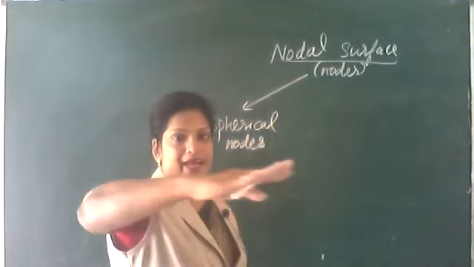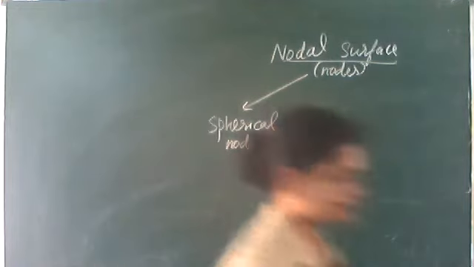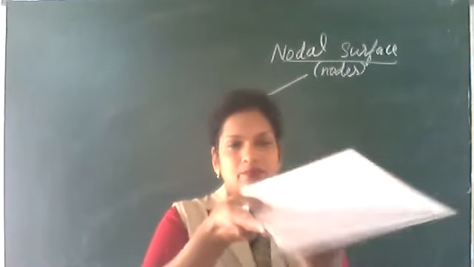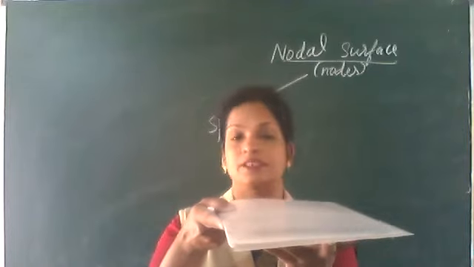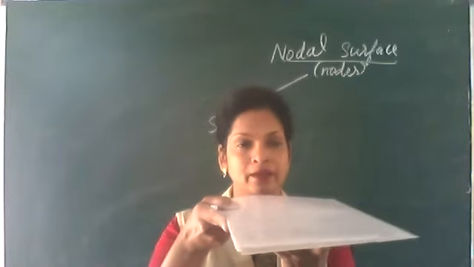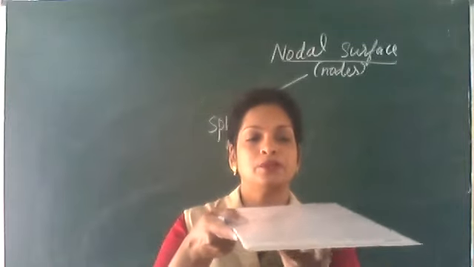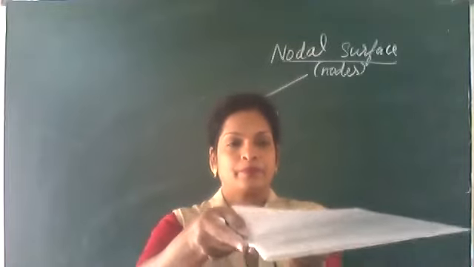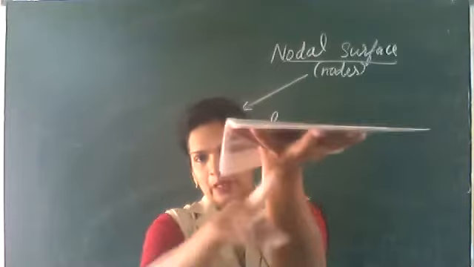And planar nodes are in a plane. For example, like this, one plane. In this plane, you will not see any electron. Suppose a px orbital: one lobe above, one lobe below.